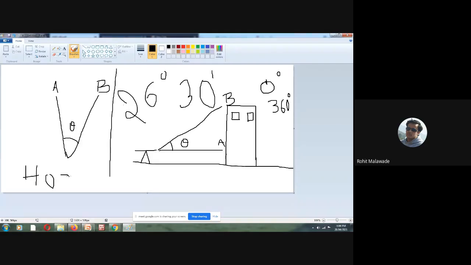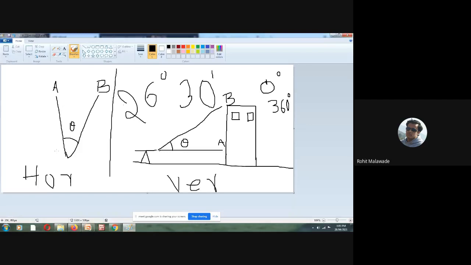I am explaining: this is horizontal and this is vertical. On a plain ground, I'll repeat what a horizontal angle is: if there are two points, A and B, and I measure the angle between them on a plain ground, we call it a horizontal angle.